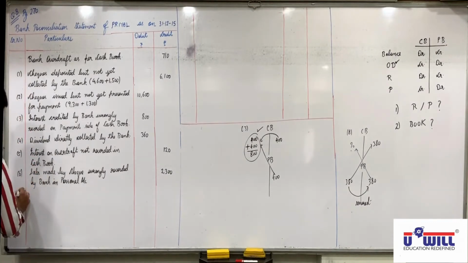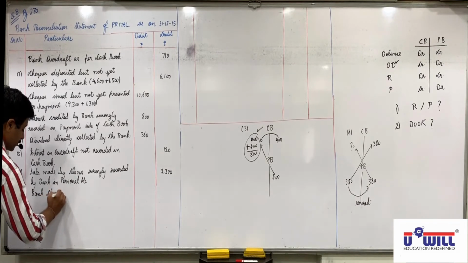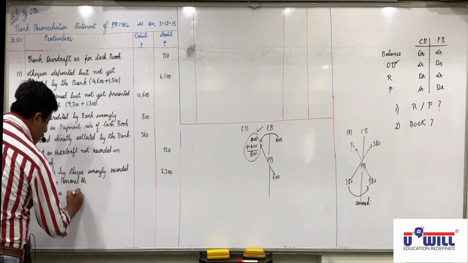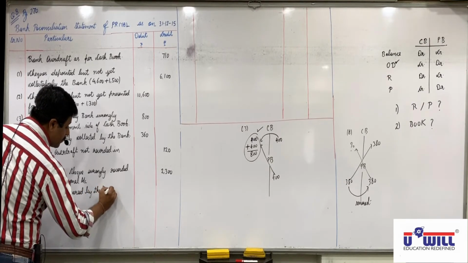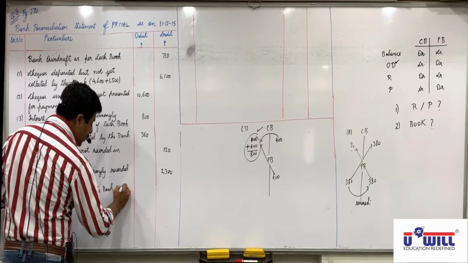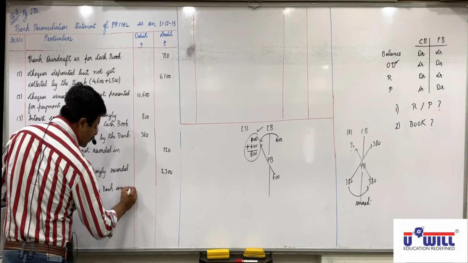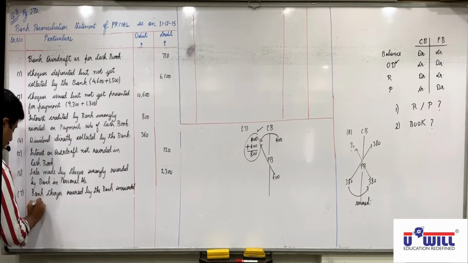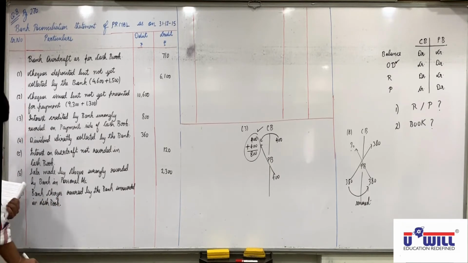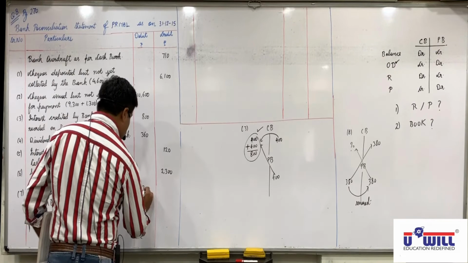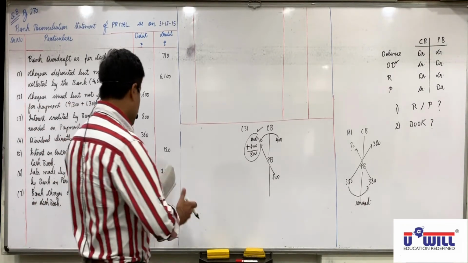So bank charges reversed by the bank, unrecorded in cash book. So 380 is credited in passbook but not yet debited in cash book, debited BRS. Is everyone clear with it?